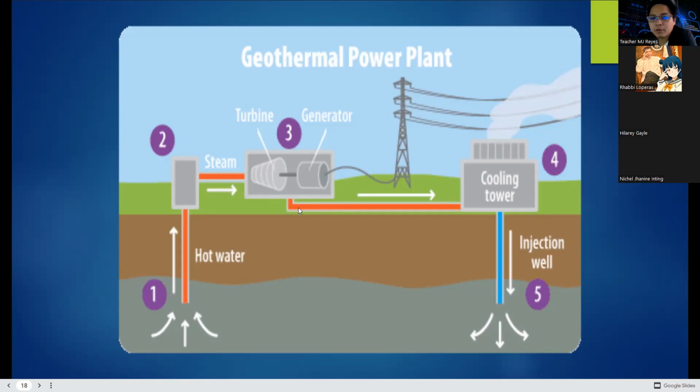The water will return from the turbine engine to the cooling tower. This is the cooling reservoir, the cold reservoir or cold source, and it returns back into the ground. And the cycle repeats again and again. This is what we call what? Renewable resources.